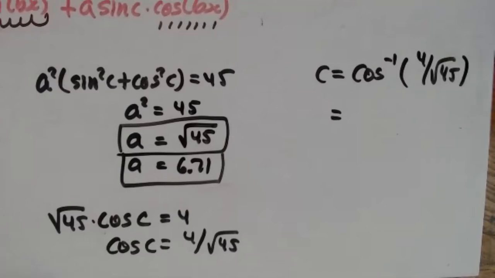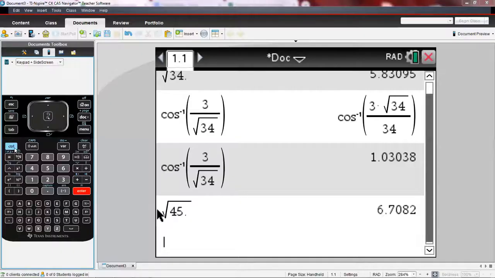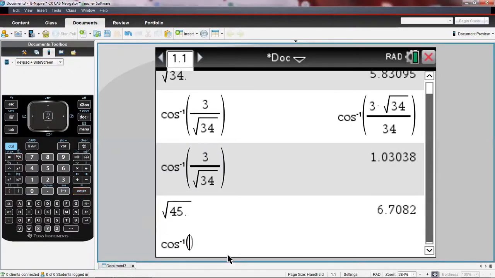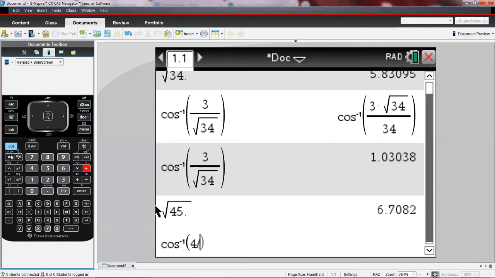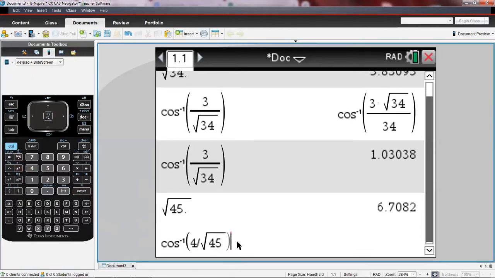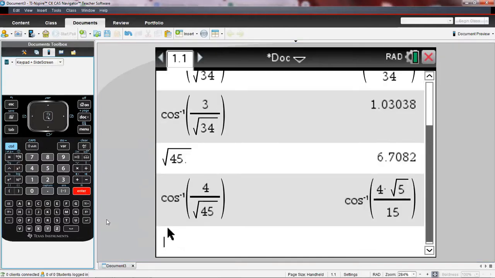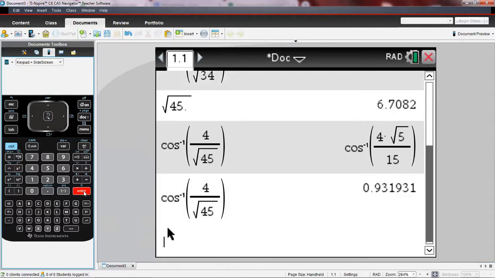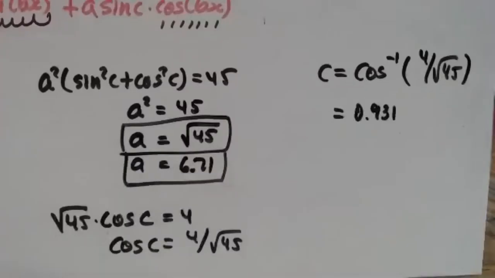So I need cosine -1, and I'm going to put 4 divided by the square root of 41. Enter. Okay, control enter again. This is 0.931, right? That is going to be my approach, correct?